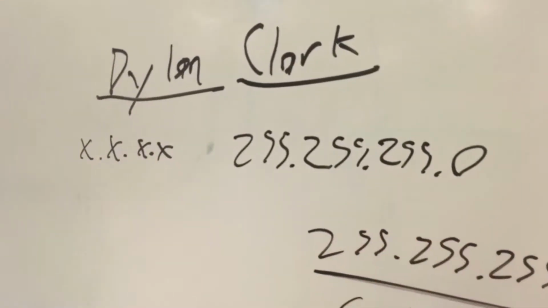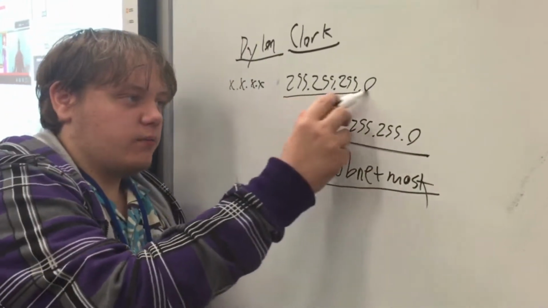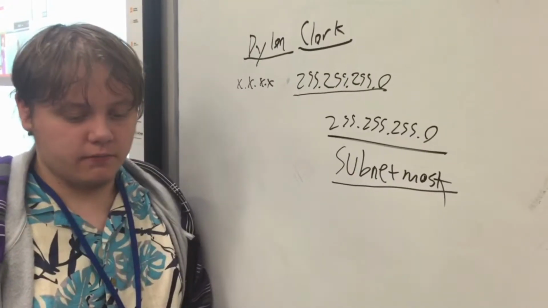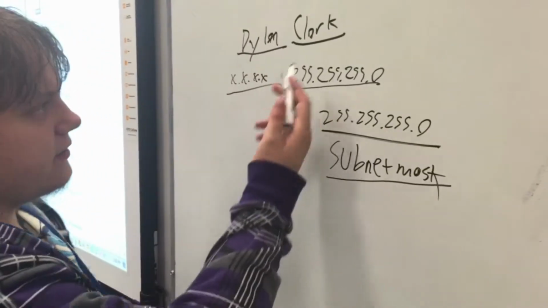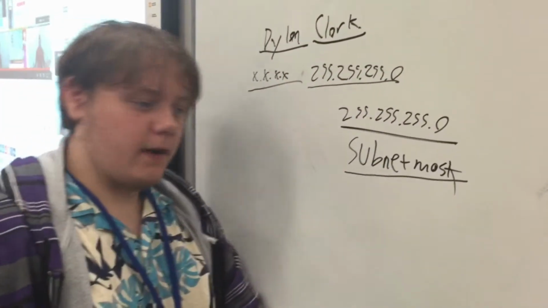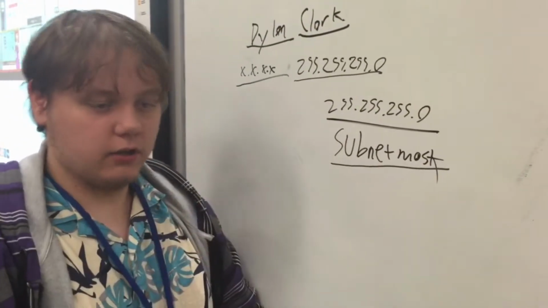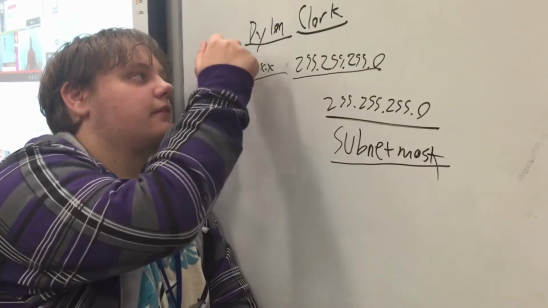What this means is this is the group of addresses I am in and that I can have addresses with, and this is my specific address. Like I said, the family name. My mother's name is Clark, my father's last name is Clark, and my grandparents' last name are Clark. It's a family name, but I am the only one named Dylan.